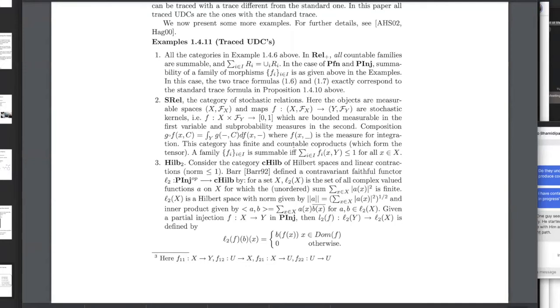Yes. Okay. So that's essentially what we're doing, and the reason we're relying on this unique decomposition idea is because we want to be able to model linear proofs. This traced unique decomposition categories approach gives us a natural way to model linear proofs.